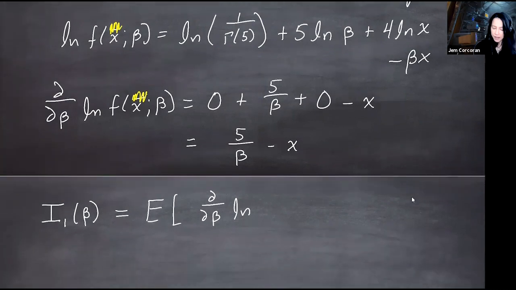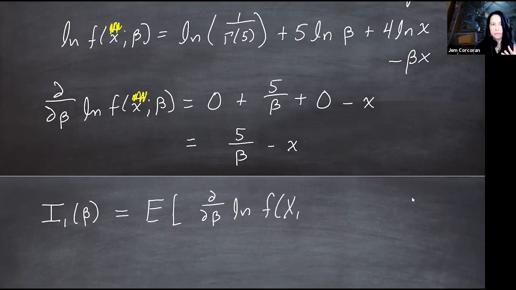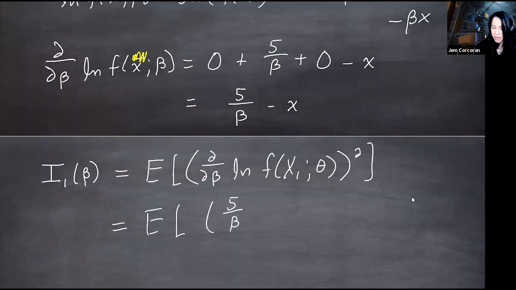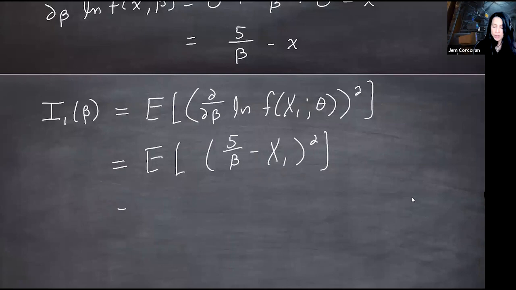Sorry about that. Going back to my one-dimensional Fisher information, I can take the derivative of the log of the PDF, not the joint PDF, but the single PDF, and square it. So we worked out that thing inside the parentheses. This is the expected value of 5 over beta minus x1 squared, which, because it's squared, I can write the other way.